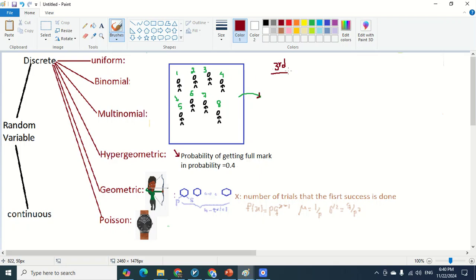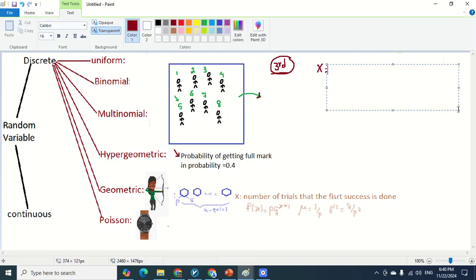In this case, as you can see, we are talking about the place of that happening, and this type of distribution should be the geometric distribution. In other words, X determines the number of tries, or the location of a try.